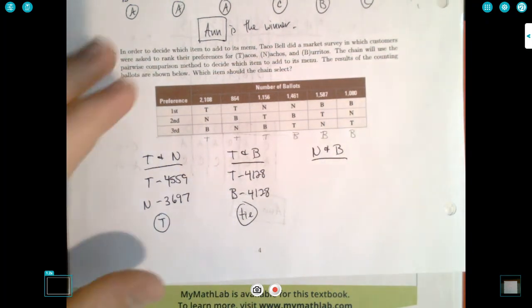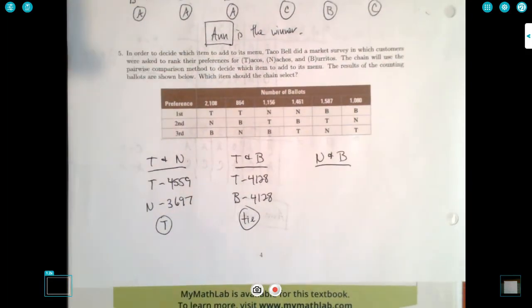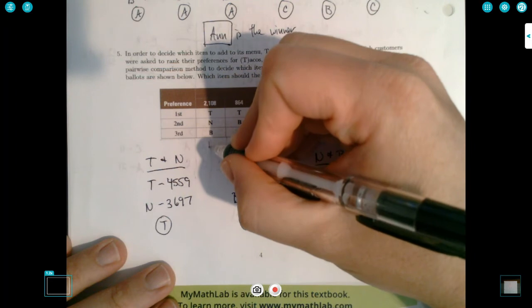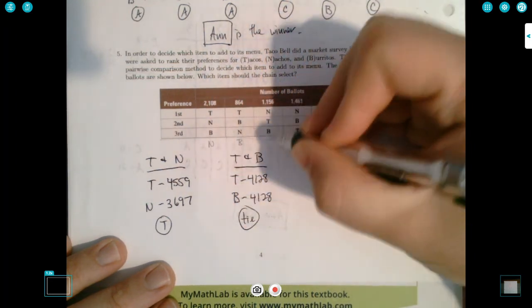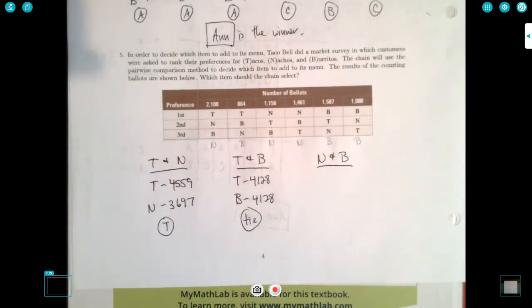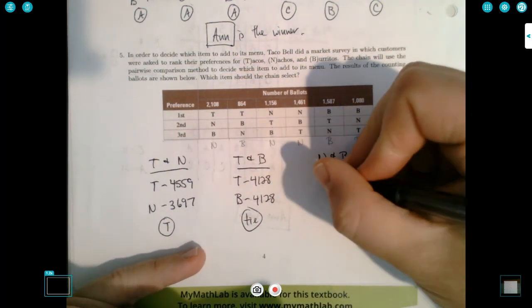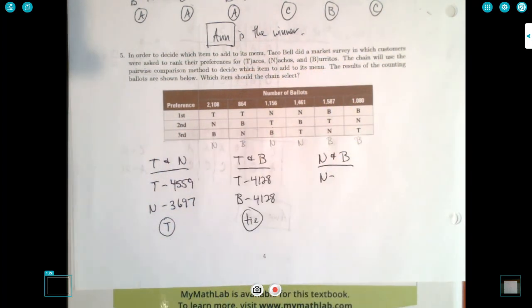All right. And then finally, we would compare nachos and burritos. So here, nachos win. Here, burritos win. Nachos, nachos, burritos, burritos. Okay. So who's the winner? So nachos are going to get 2,108 plus 1,156 plus 1,461.